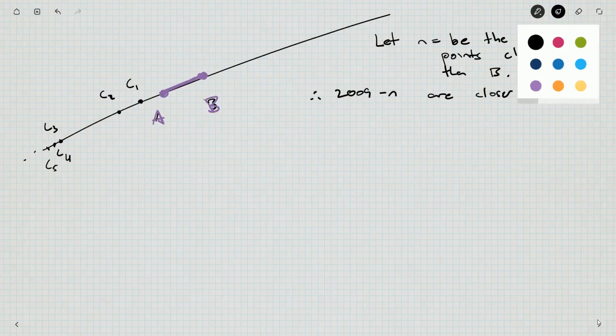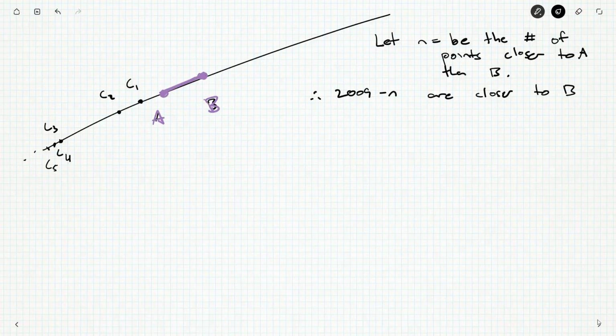And then let's give other names to the ones closer to B. So maybe D1, D2, and then D3 is up here, that sort of thing. Okay, so we've split up the points and given them names. Now we can talk about them. And we have done it very generally. I didn't say there's 5 points closer to A. It's just a very general N points.